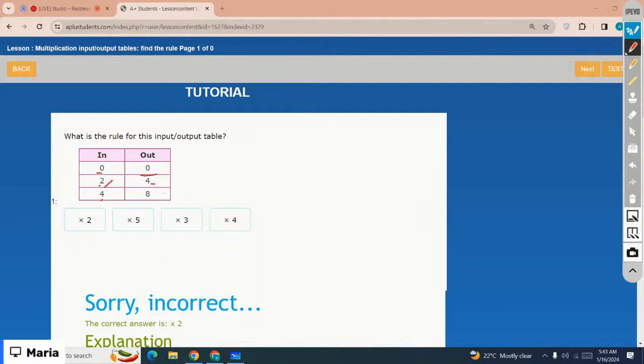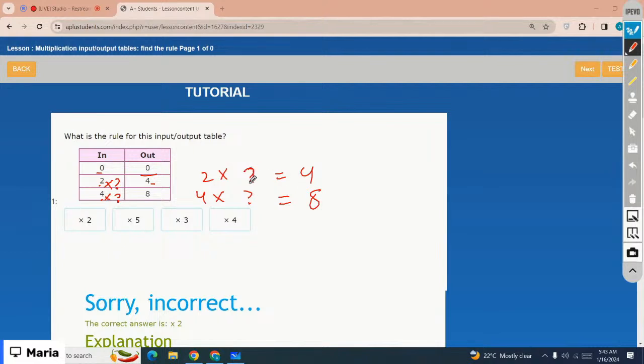You have to see 2 times what number equals 4, and 4 times what number equals 8.